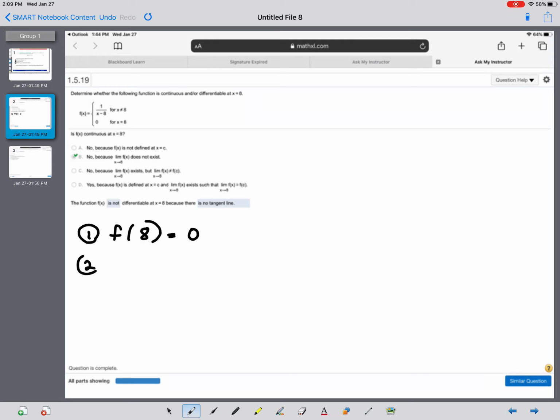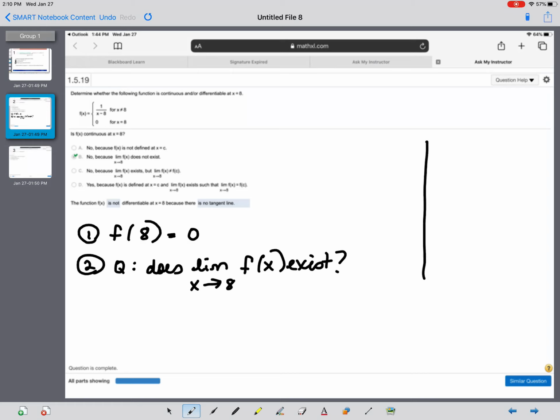The second condition, we have to show that the limit exists. So the question is, does the limit as x approaches 8 of f of x exist? That's what we're trying to answer. One way to do that is to graph the function.